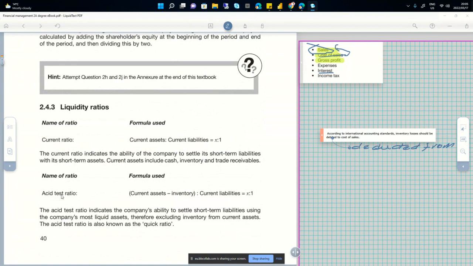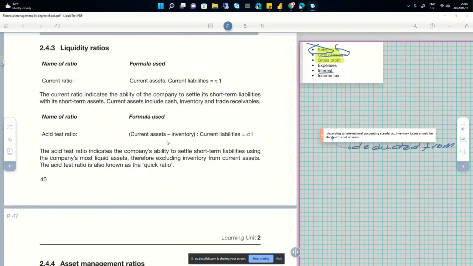For instance, liquidity ratio will really tackle the short term. That's why we will look at something like our current asset and current liability. Current, again, by current, non-current will be long term, current will be short term. Current, short term will be less than a year or a year. And so we are looking at our current assets, if they are covering our current liability, it's a ratio. So it's a current ratio. And the acid test is when we take off the inventory.